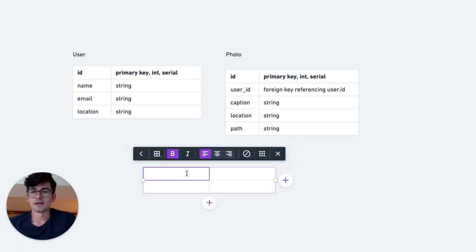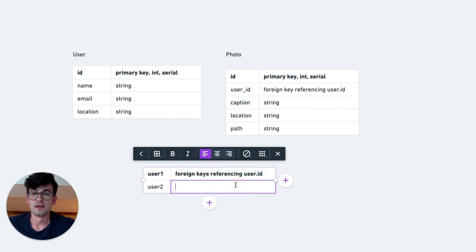And then lastly, I'm going to talk about the model for building followers. In this case, it's actually pretty simple. We could just have two columns here: user one and user two. These are both going to be foreign keys referencing one user and the other user.